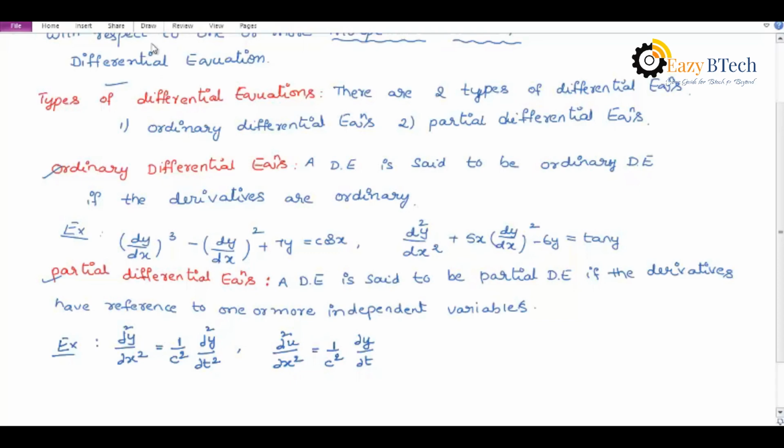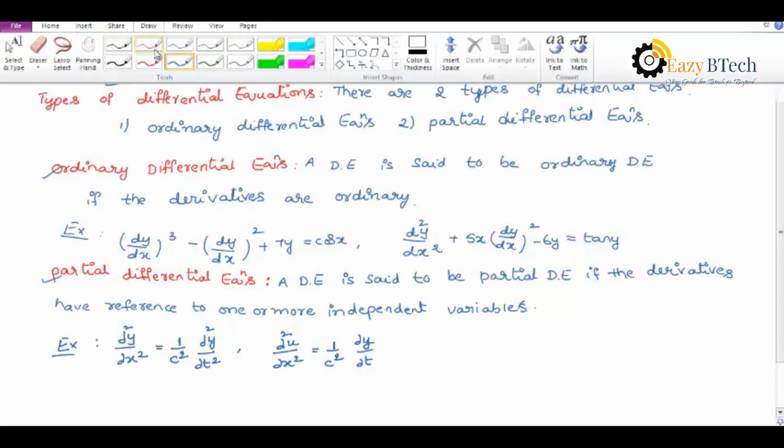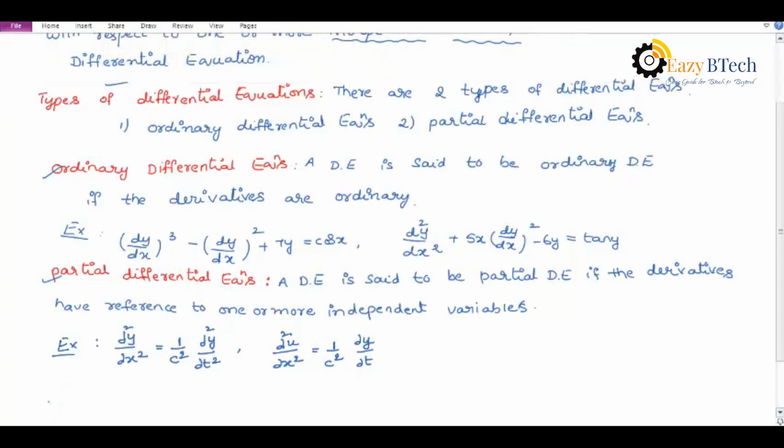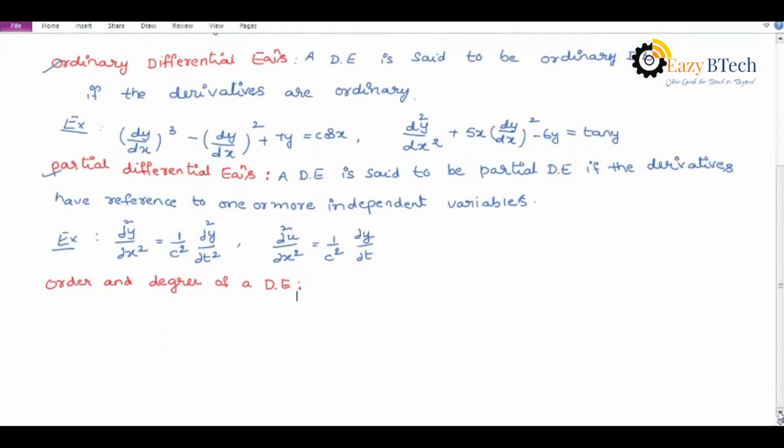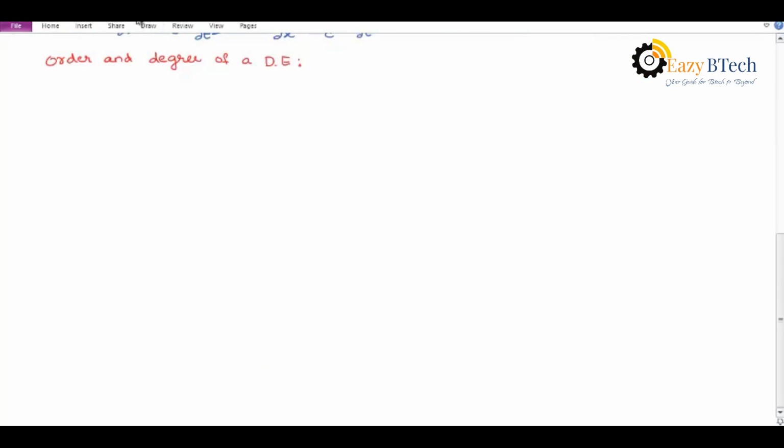Okay, and the next topic is the order and degree of a differential equation. First of all, the order of a differential equation.